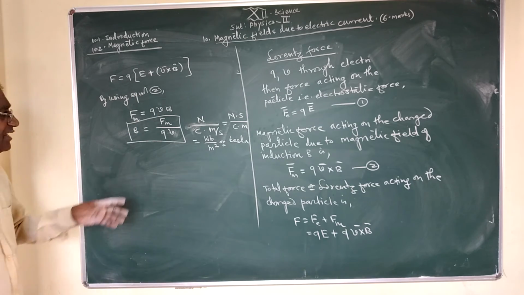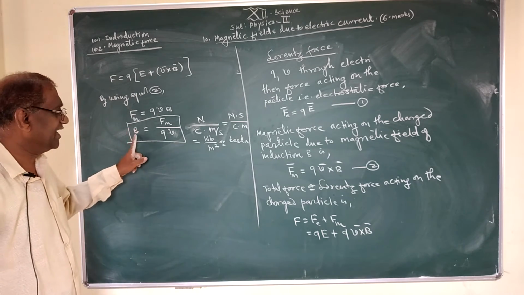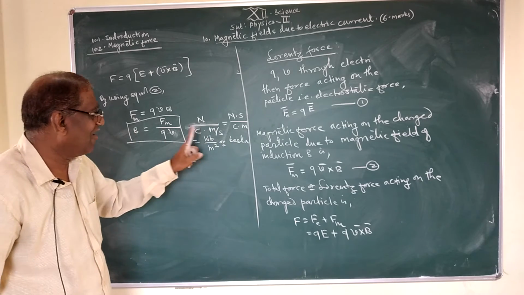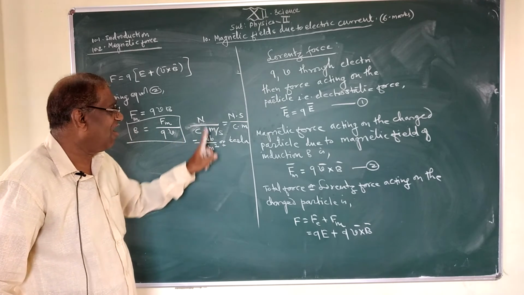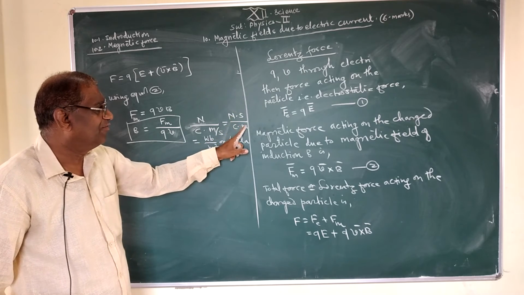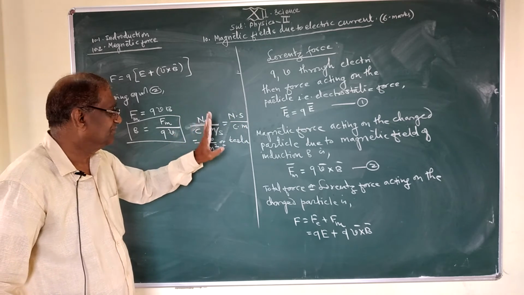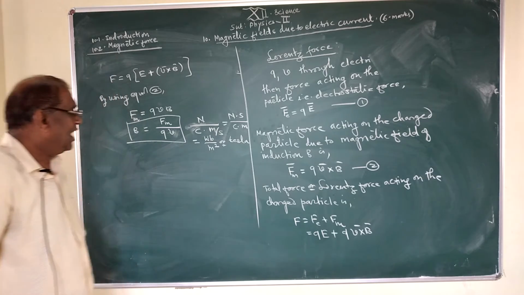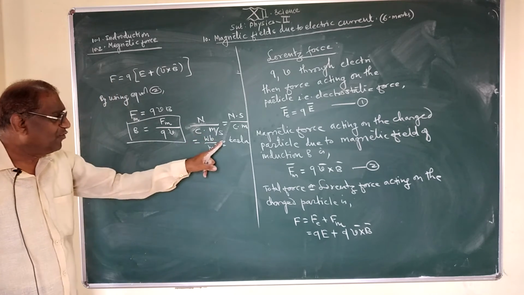The SI unit for the measurement of magnetic induction is Tesla, or Weber per meter square, or Newton second per Coulomb per meter. This is the unit. Now, what do you mean by 1 Tesla?